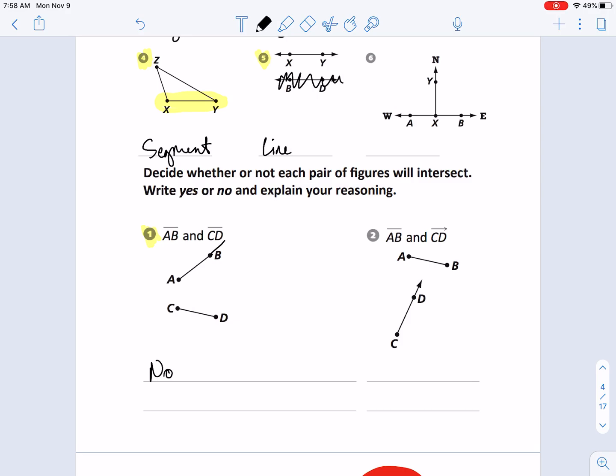If say I had an arrow here, that means it would keep on going up that way, so they still wouldn't intersect. Likewise, if I had an arrow here, they would keep going and never touch. So the only way these would touch would be if A had an arrow and C had an arrow.